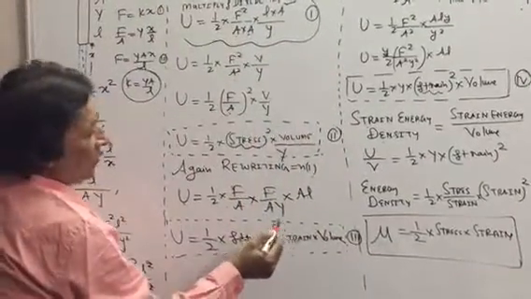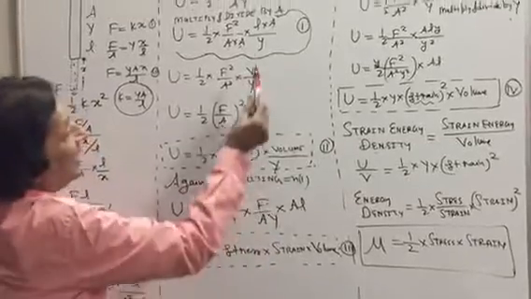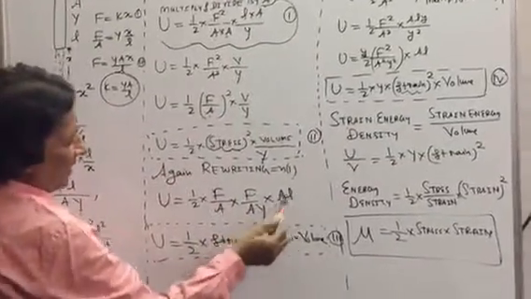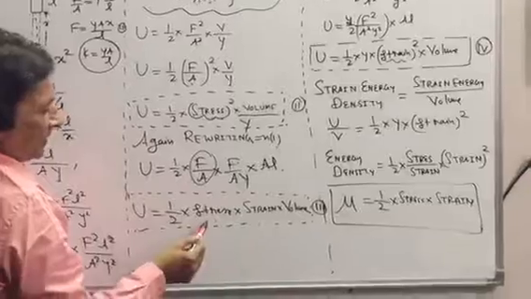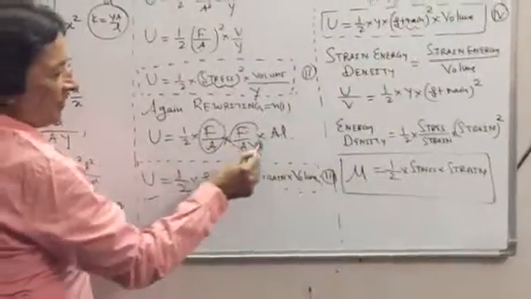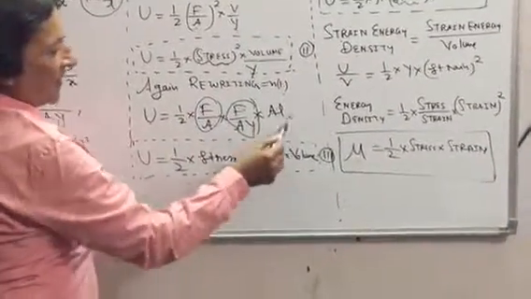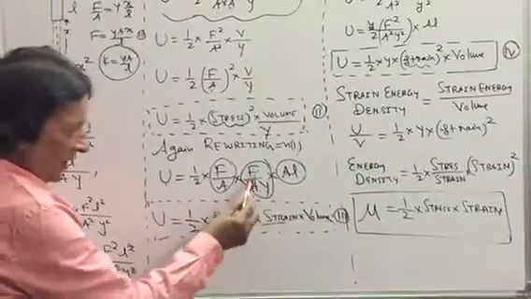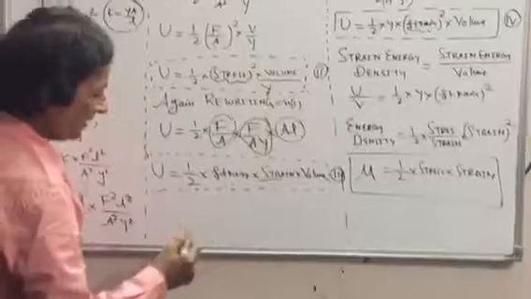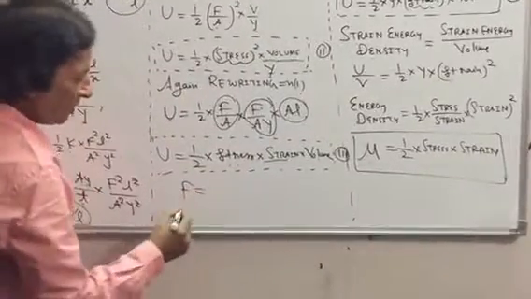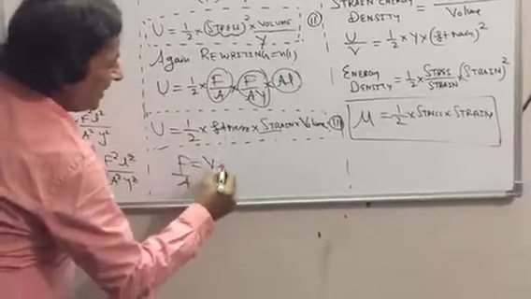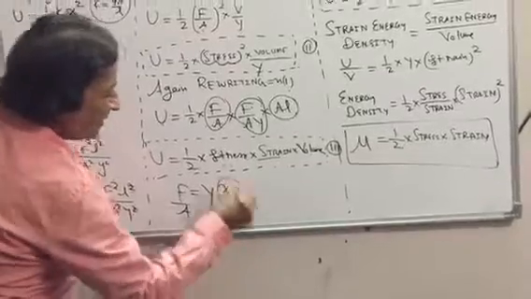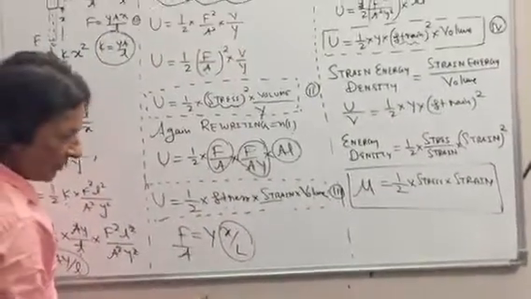Half F square upon A square. I am now rewriting it as YA into L. What is F upon A? Stress. What is F upon AY? Strain. AL is what? Volume. Is it clear? You know F upon AY is what? Strain. See, F upon A is equal to Y times X upon L. What is X upon L? Strain, longitudinal strain.